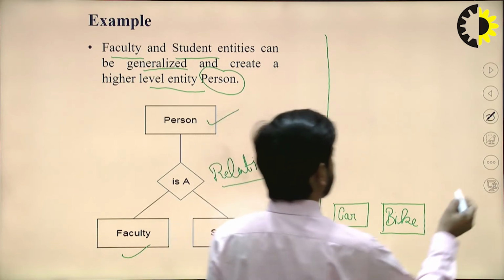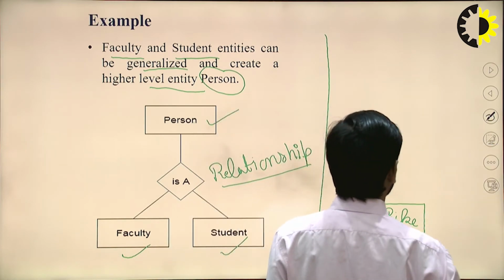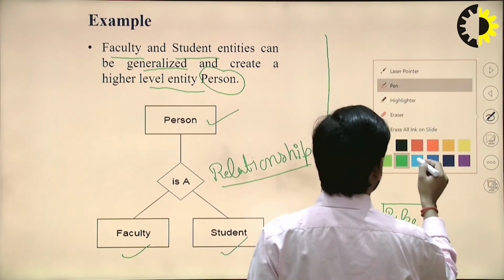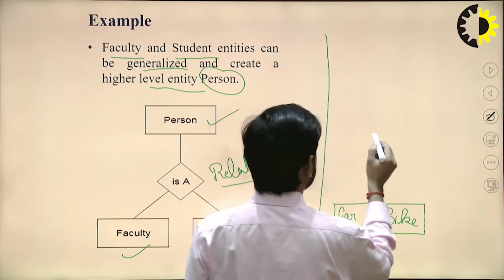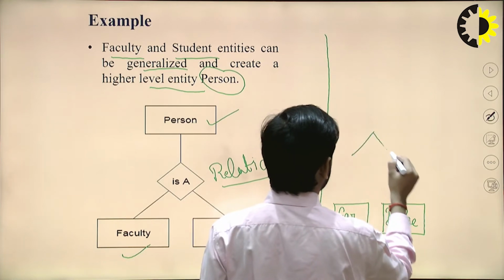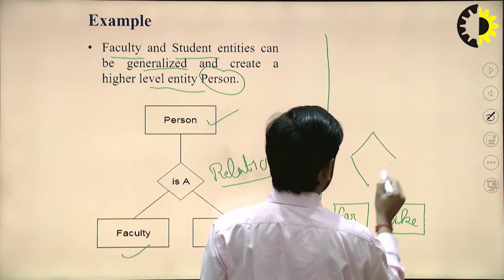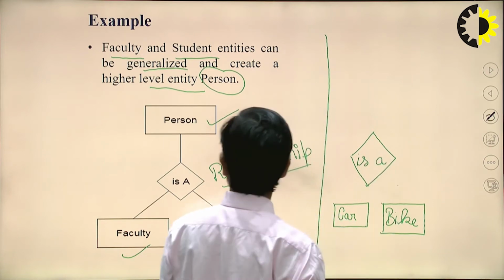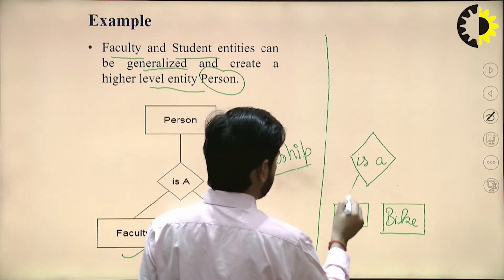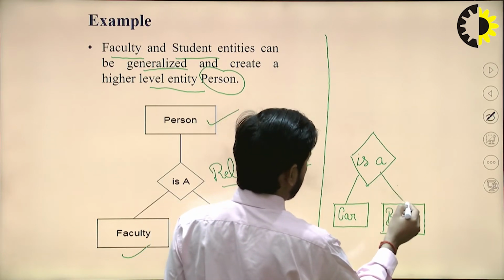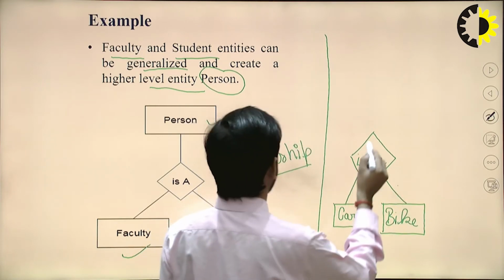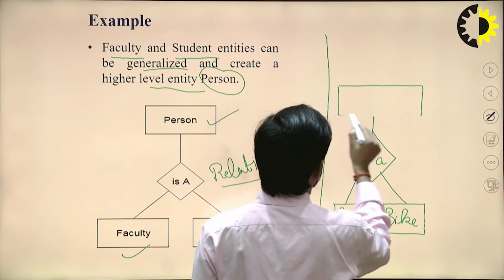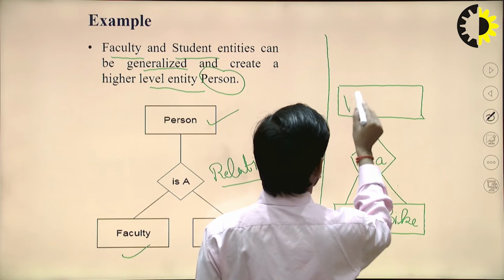These entities are combined, car and bike, and form a higher level entity, suppose vehicle.